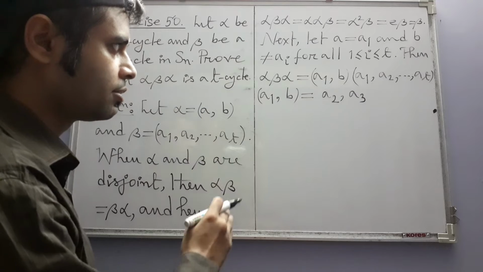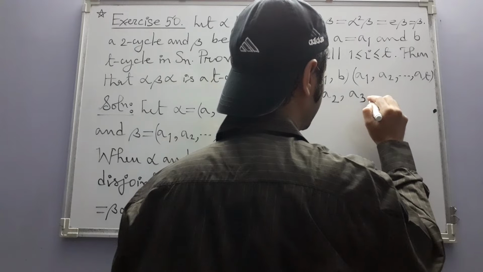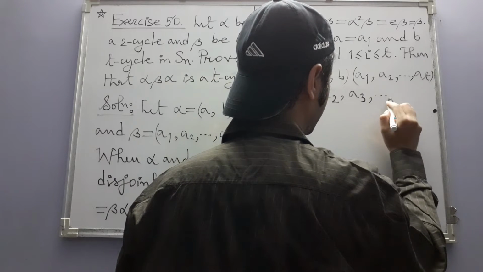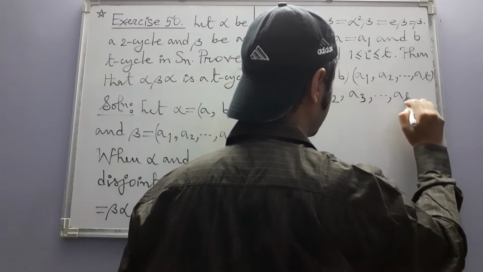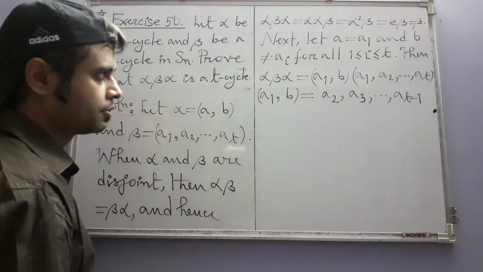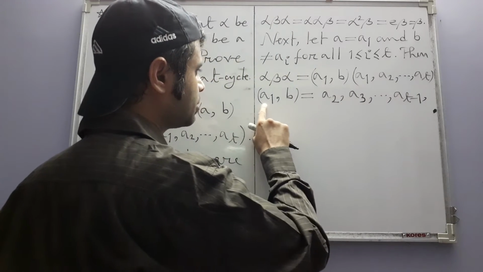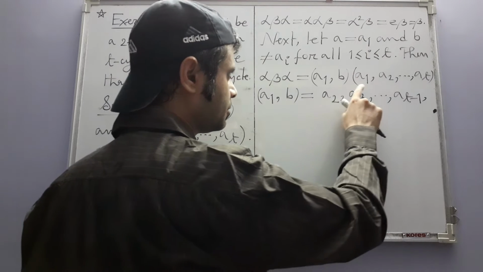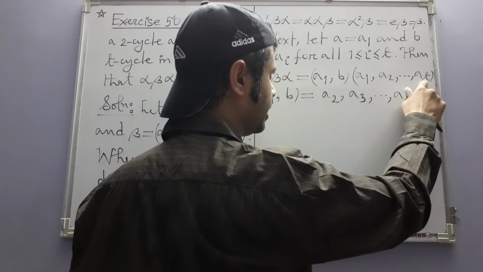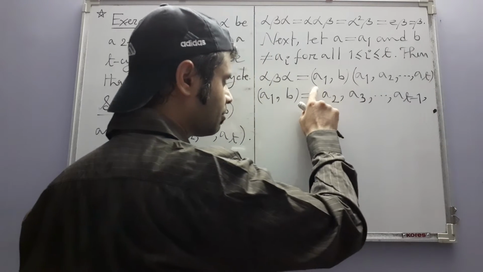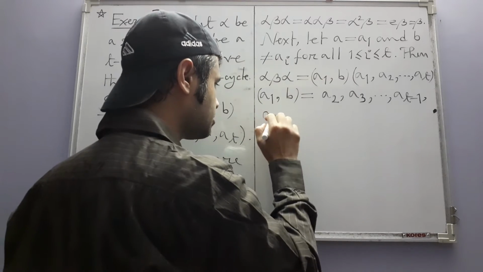So that means A2 is sent to A3 by the entire product, and it goes on like this until, say, you have reached A(t-1), and then A(t-1) is unaffected by this. The middle one only affects A(t-1), it sends A(t-1) to At, and then that At again further is unaffected by this one. So that means A(t-1) is sent to At.